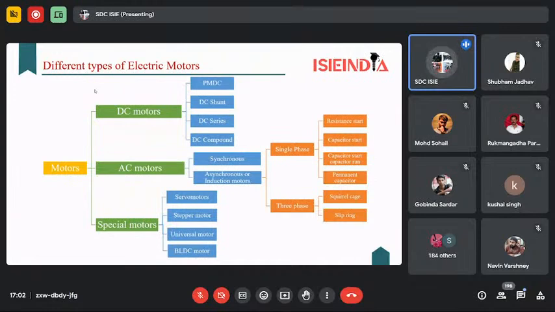Stepper motors are used for laser cutting and 3D printing. A universal motor is a kind of special motor which works on AC power supply as well as DC power supply. A BLDC motor works on DC power supply without brushes, and it works on the basis of the response of a Hall effect sensor. So we are going to see all of this.